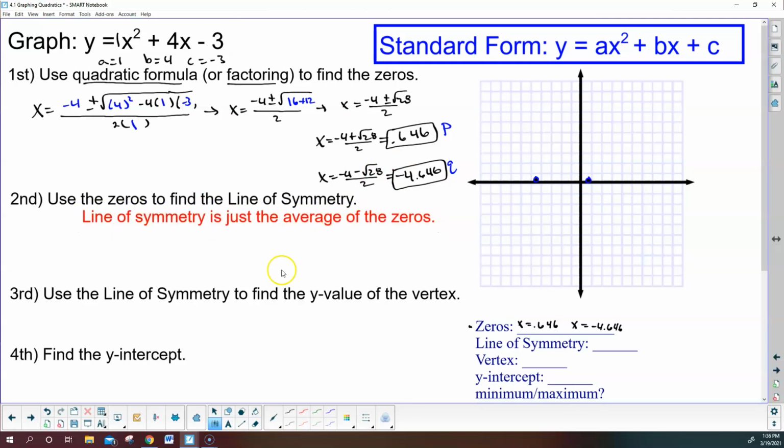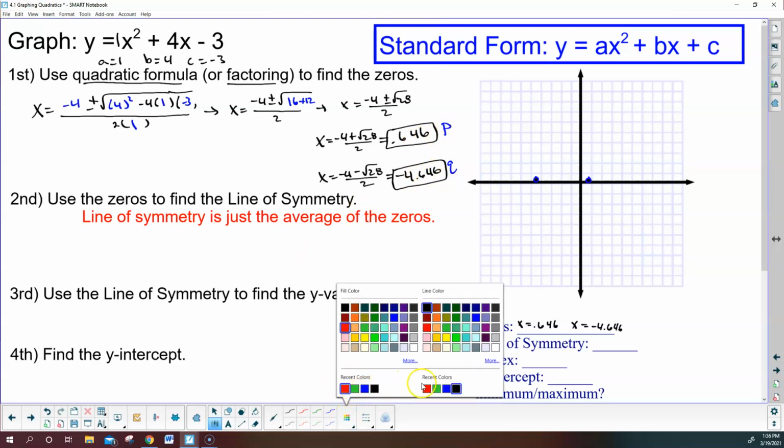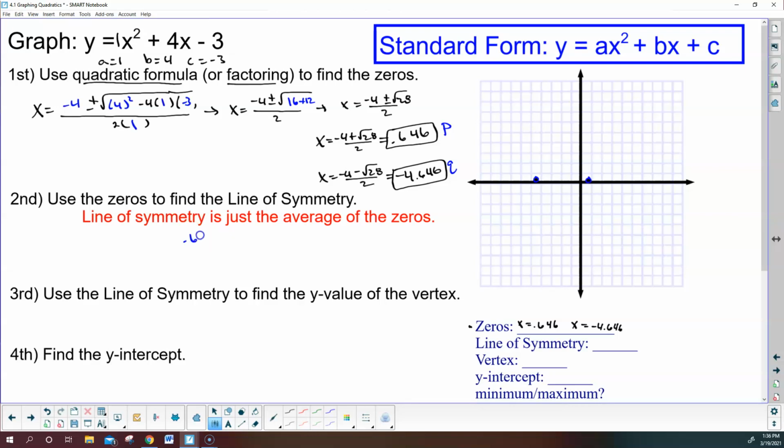It was the average of your zeros: P plus Q divided by 2. So I'm going to take 0.646 plus negative 4.646 and divide that by 2, and that will give me the axis of symmetry, the line right in the middle of those two.